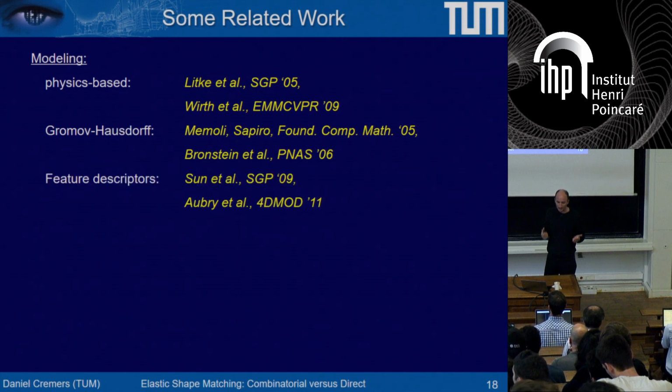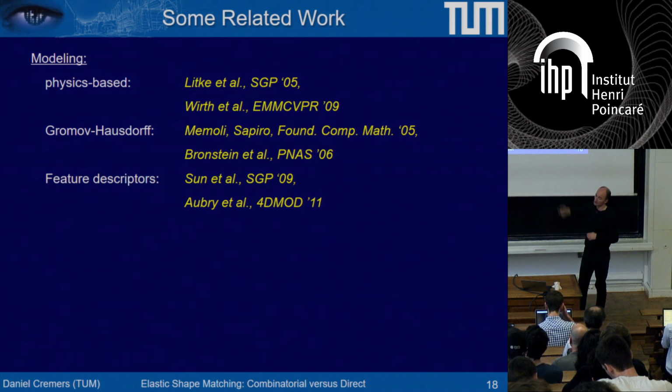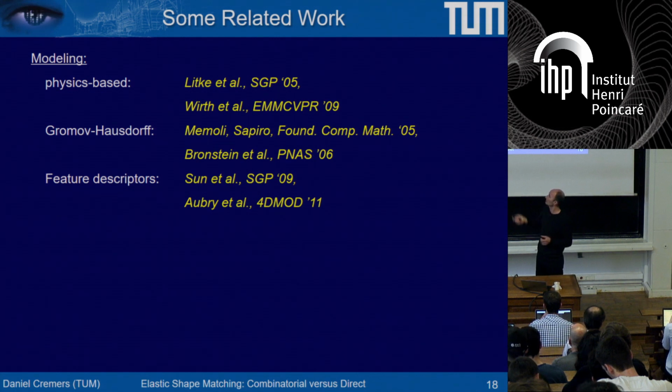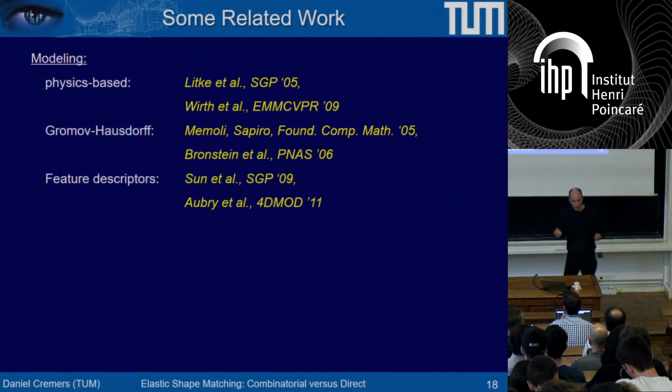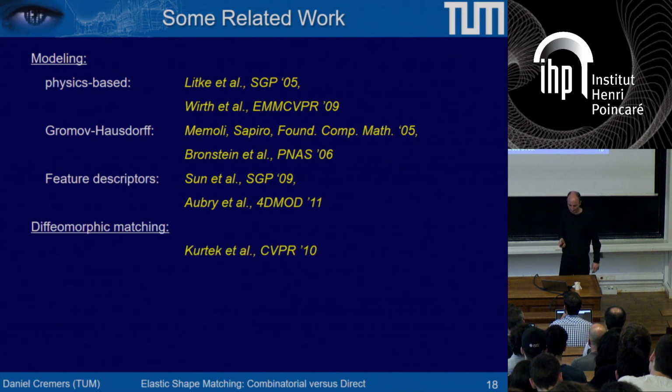Then there are lots of feature descriptors like the heat kernel or the wave kernel signature that people developed for analyzing 3D shapes. For those who don't work in this area, these descriptors are much like SIFT, not for images but for shapes, to measure local similarity.